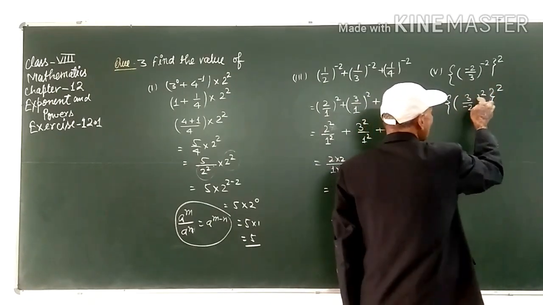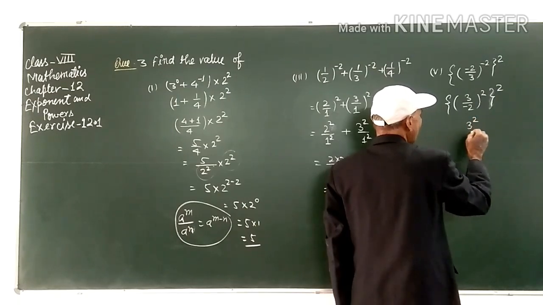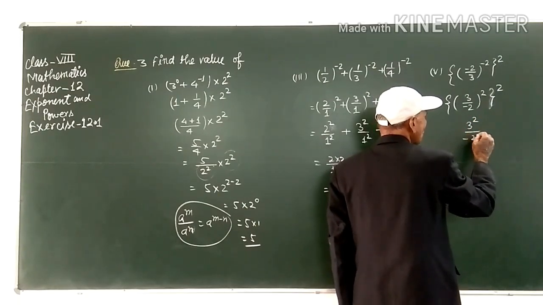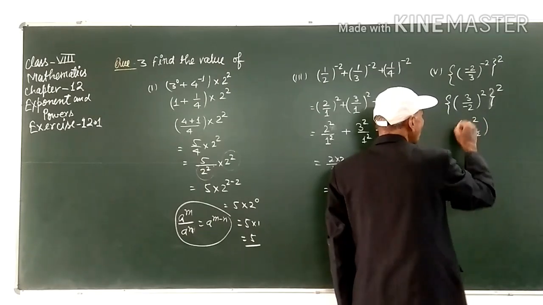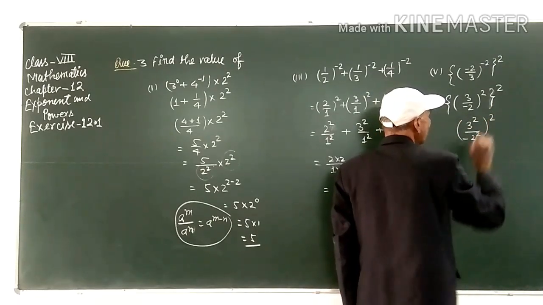Now this one will be 3/2 and this one -2 to the power 2 and this whole power 2.